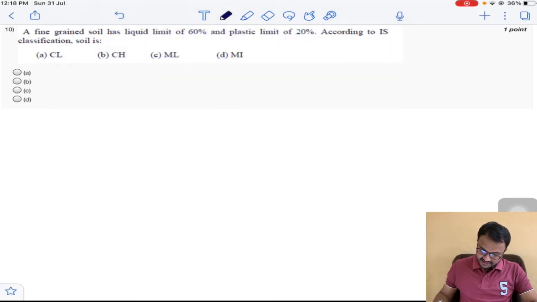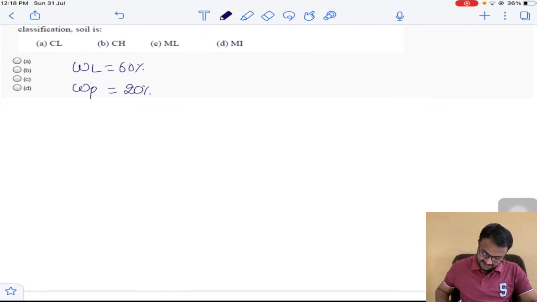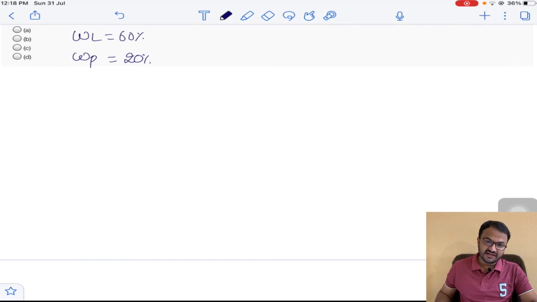A fine grained soil has liquid limit 60% and plastic limit 20%. According to IS classification, the soil is, okay, the Indian Standard classification defines the given soil to come under which category. So to classify the type of soil, we need to have one chart.